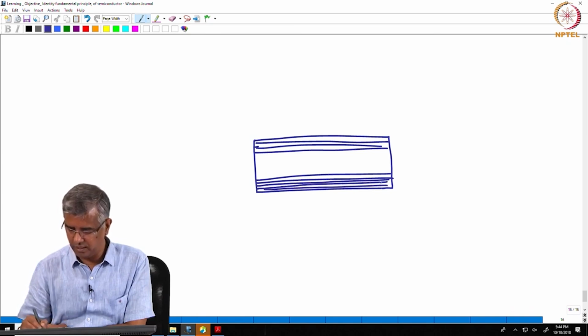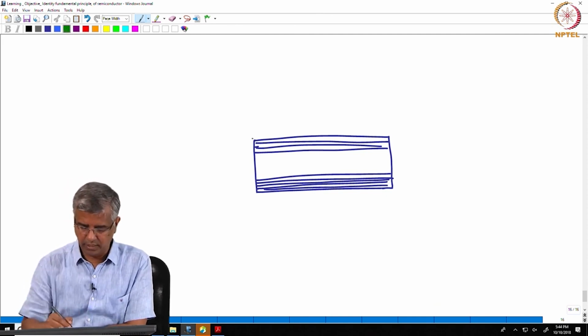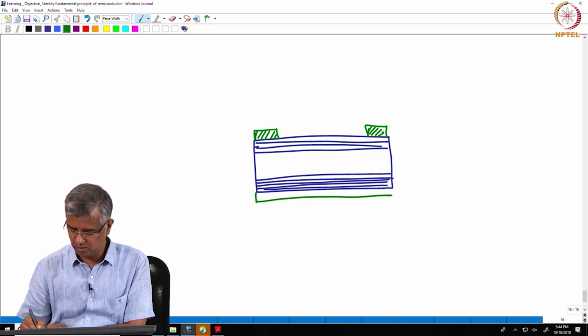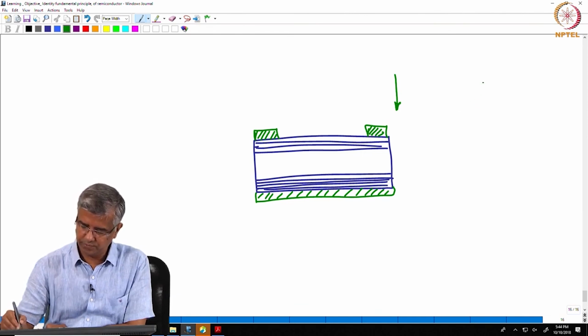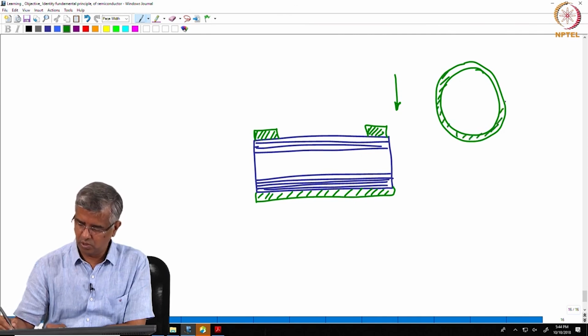So, you are essentially having a Bragg grating here and a Bragg grating here, and you define your electrodes in a ring fashion. So, the bottom electrode is like this. But the top electrode, if I am looking from here, will look like a ring electrode.